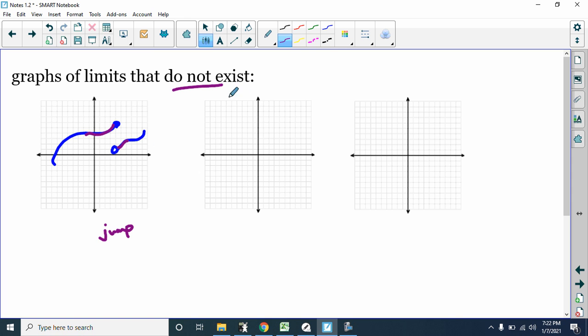And the limit does not exist in that case. It also would not exist if we have a vertical asymptote. The limit as x approaches 3 in this case, because we have that vertical asymptote, does not exist. Those are the two big ones that you need to know right now.